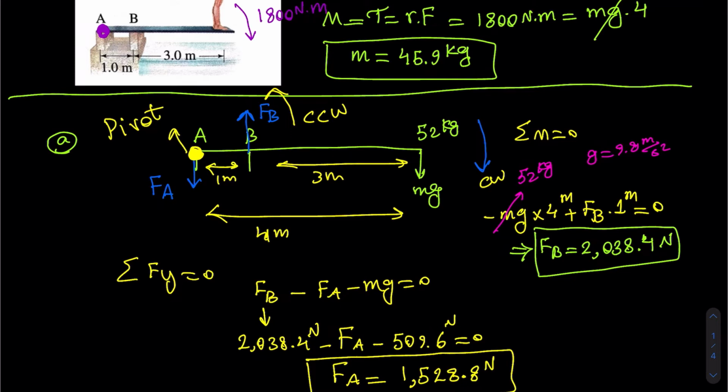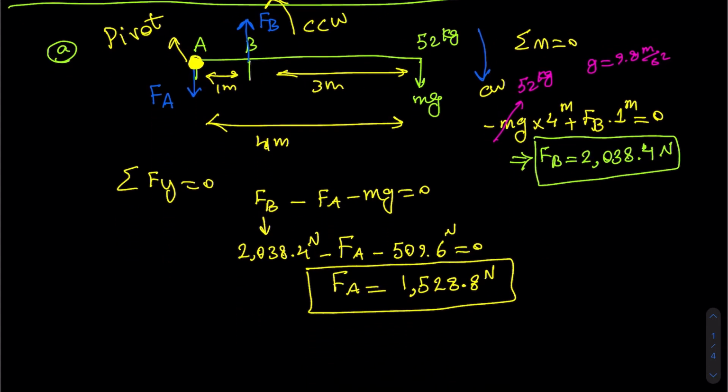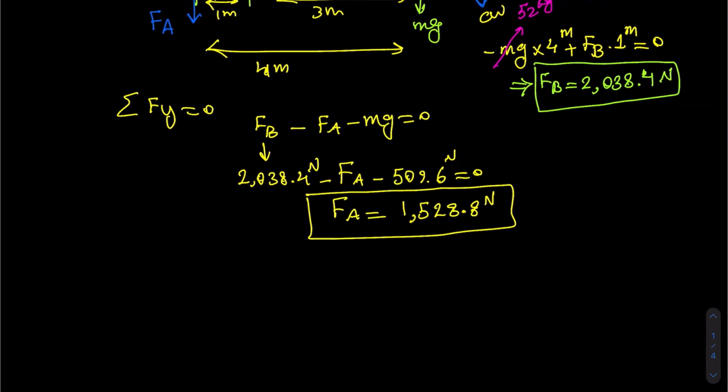You may say that, okay, we need to just use the second condition of equilibrium and we don't want to switch to the first. Well, you can. You may use this second condition of equilibrium, sigma M, or the sum of all the moments of forces or turning effect, must be equal to 0.